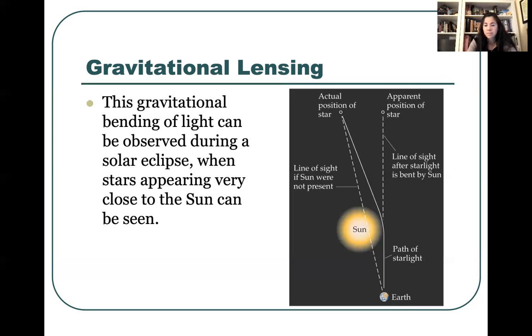So this is something that is now used a lot in astronomy, because when you're looking at whatever path of starlight is hitting the Earth, you have to account for the bending of the light, and also it can show you that there is a gravitational field nearby.